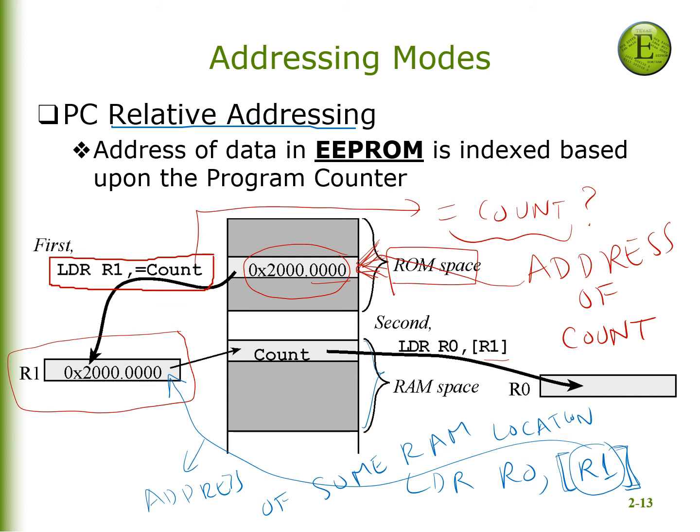So say that that is an address, so we are going to go to that address. That address is here, and that's where the count variable is placed, and we're going to put those contents, whatever 32-bit number is here, into R0.